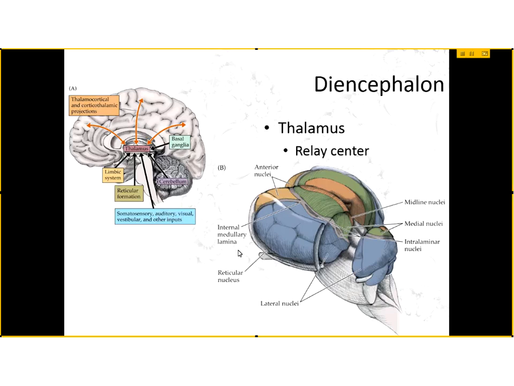Any information going to those primary cortical areas leaves the thalamus and then goes into those areas. Anything coming from the cortex trying to leave also has to go through the thalamus. You can think of the thalamus as a relay center or a train station where you get transferred from one part of the track to another. It's a very important structure in relaying information from lower level structures to higher level structures.